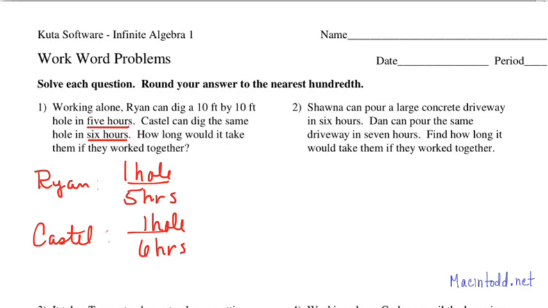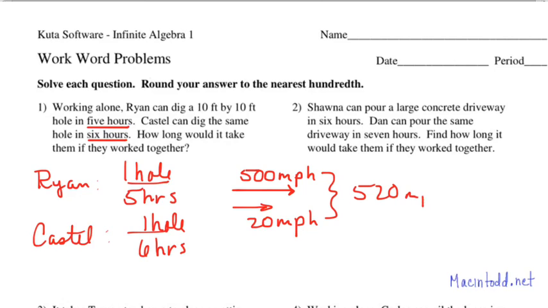And kind of like speeds, if you think about an airplane flying along at 500 miles per hour, and a wind blowing along with it at 20 miles per hour, it would speed that airplane up to an airspeed of 520 miles per hour. So the rates just add.